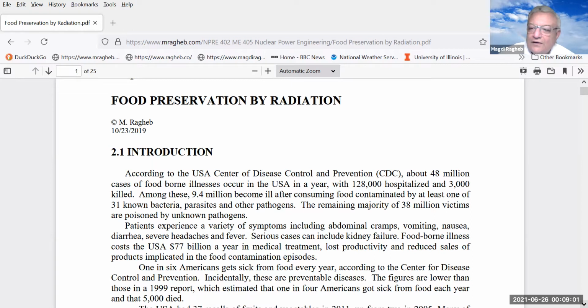And if we can supply a better food supply, increase it by 1/3, in fact, by controlling the spoilage of the food. And radiation allows us to do that, as I'll show you today.